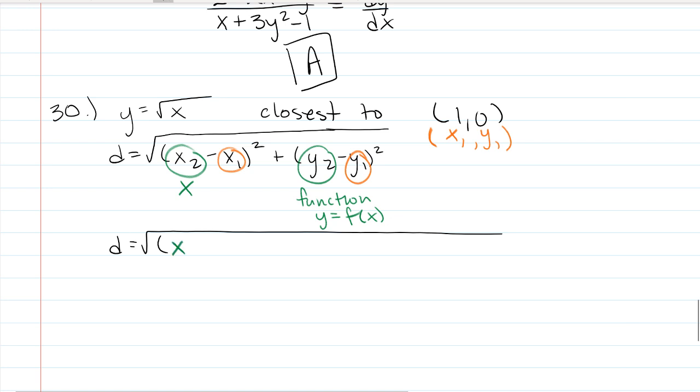So we're going to have x minus 1 squared plus the square root of x, because that's what y equals, minus the y1 was 0.